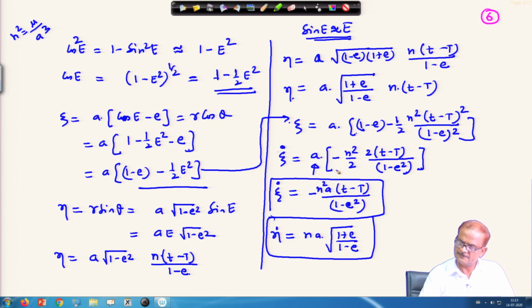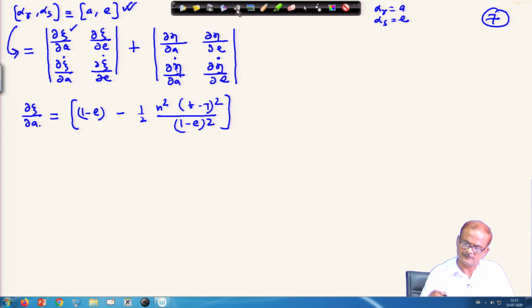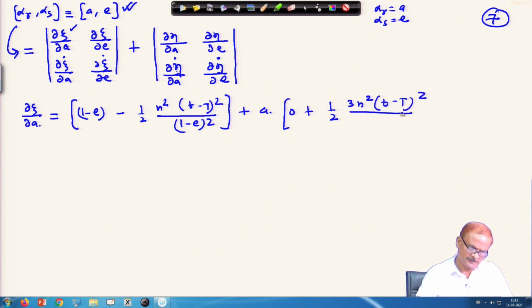So this we have differentiated. Next, n is also a function of A, so we need to differentiate that too. The next term will be A times 0 plus 1 by 2 times 3 n square (t minus t) whole square divided by A times 1 minus E square.